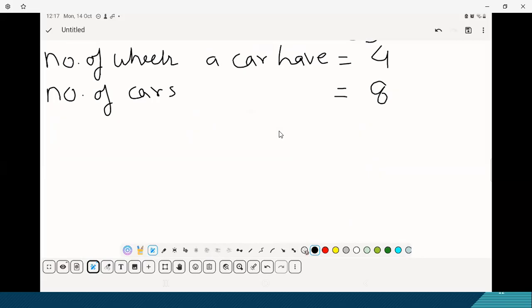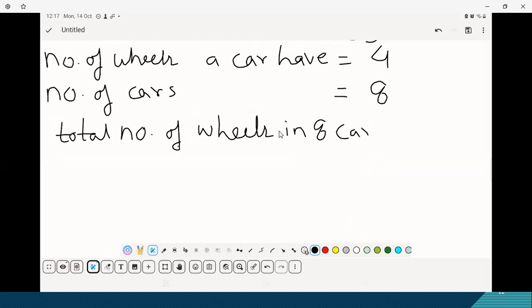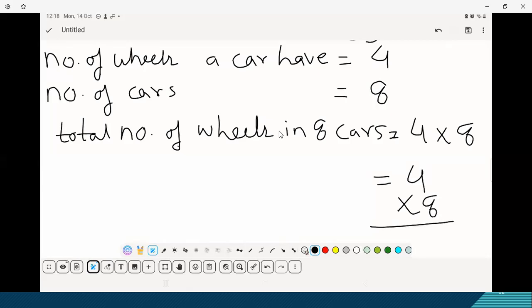So the total number of wheels in 8 cars will be 4 multiplied by 8, that is 32. So the total number of wheels in 8 cars are 32. That will be the answer.